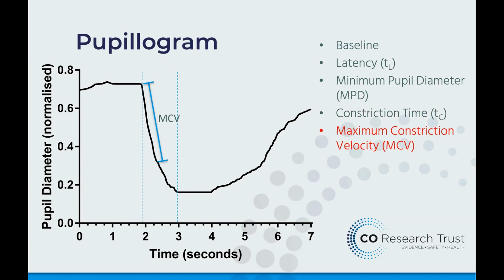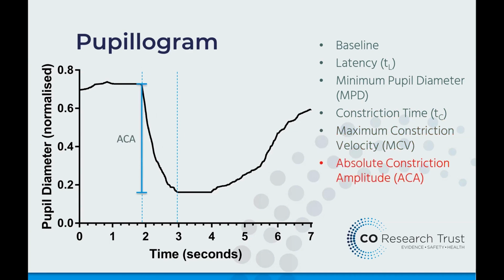This is referred to as the maximum constriction velocity. You can also calculate the difference between the baseline pupil diameter and the minimum pupil diameter to find the absolute constriction amplitude.